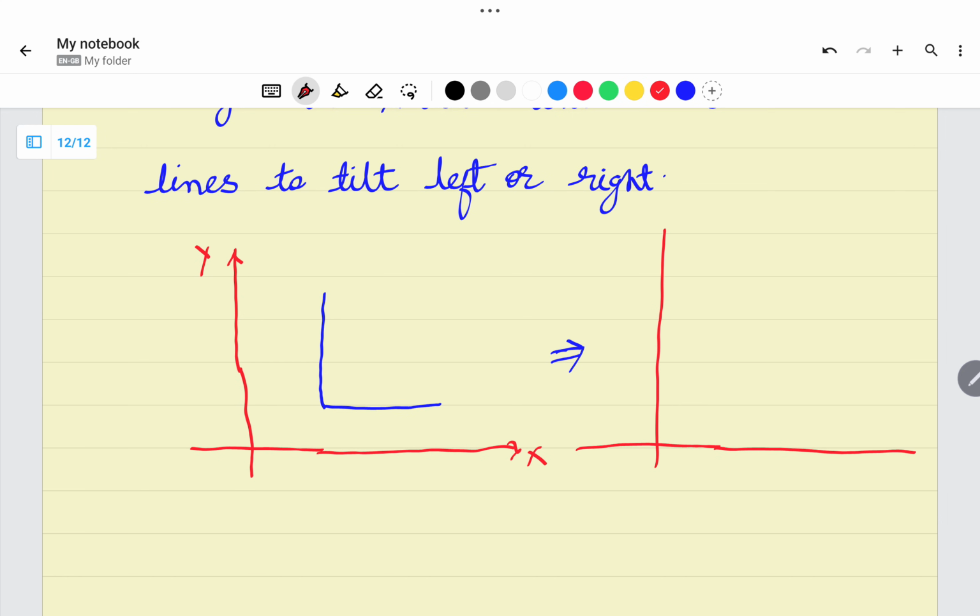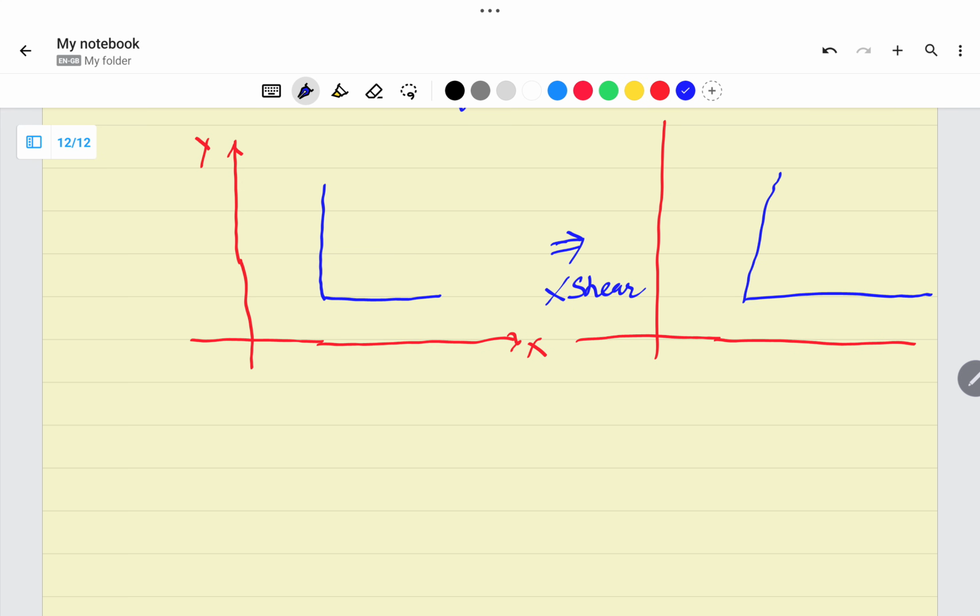Y coordinates remain the same. There is a change in X coordinates. The horizontal lines will remain horizontal and vertical lines will tilt towards right or left. You can see X coordinates are changing. Horizontal lines, the dimensions will change, but they will remain horizontal, whereas the length of the vertical lines will remain the same, only it will tilt towards right or left. So this X shear is nothing but a combination of rotation and scaling. It's a composite transformation.